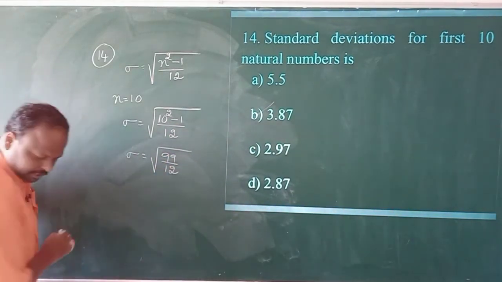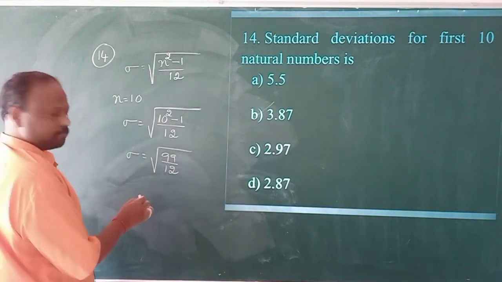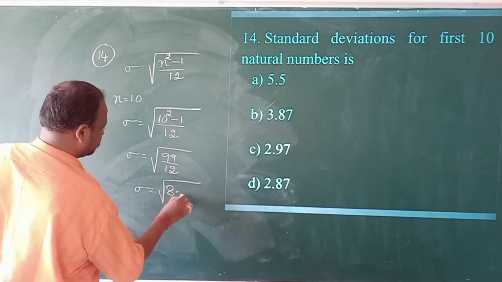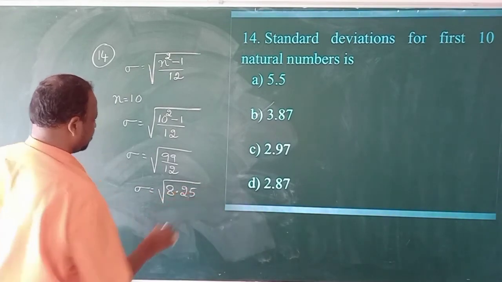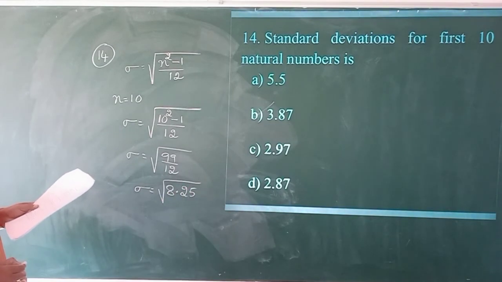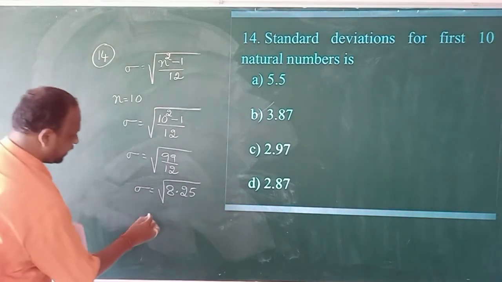So sigma is equal to the square root of 8.25, which is approximately 2.87.